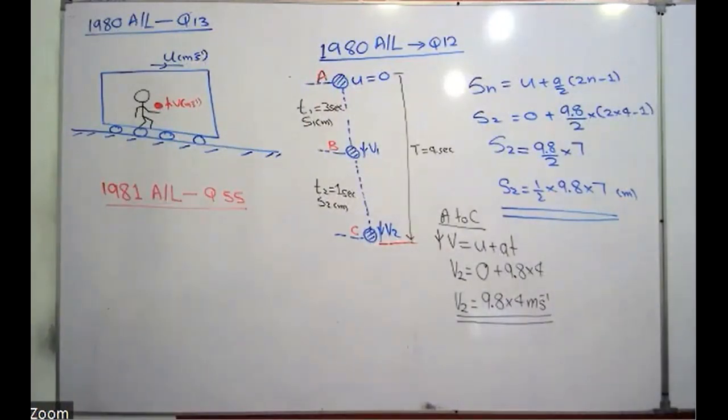I'll read the question, you write it. Ball X is projected vertically upward. What's the name of the ball? X. Ball X is projected vertically upward. Full stop.